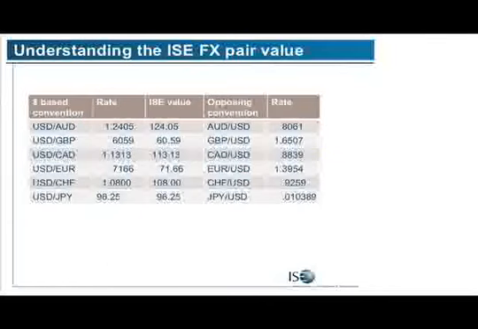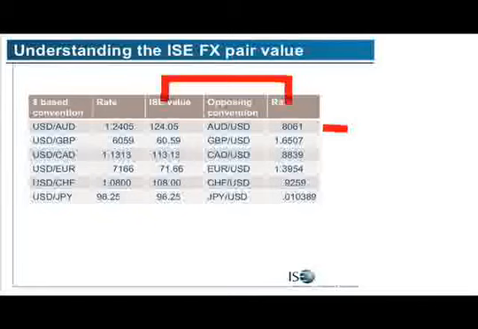And a lot of you trade the spot market, so you know that you may not have the dollar as the base currency. For instance, in the Aussie, it's going to be the reverse. And if you want to actually calculate that, you just take the inverse or the reciprocal, and you can come up with 124 on an ISE value would equal about 80 or 0.80 in the futures market.